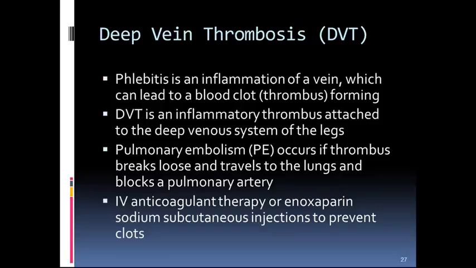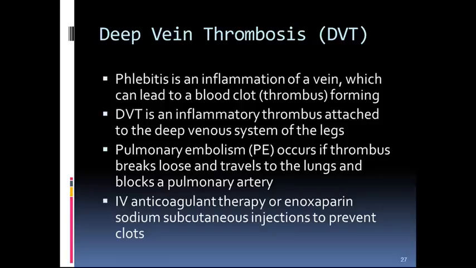Deep vein thrombosis. Risk factors are recent surgery, older age, trauma or obesity, oral contraceptives, varicose veins, and pregnancy. Phlebitis is an inflammation of a vein which can lead to a blood clot or thrombus forming. DVT is an inflammatory thrombus attached to a deep venous system of the legs.